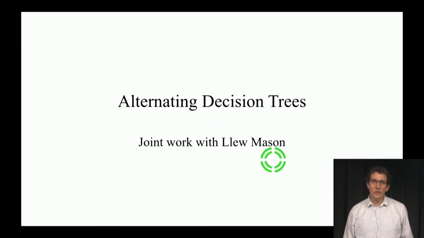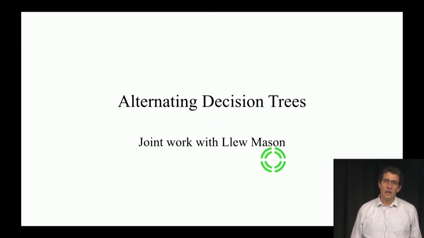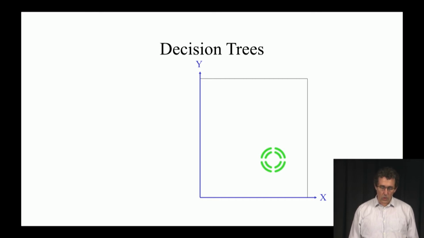So I'll tell you now about a slightly different classifier that is in a sense a combination of boosting and decision trees. If you remember, when we talked about decision trees, one way of thinking about it is as a partition of the space.